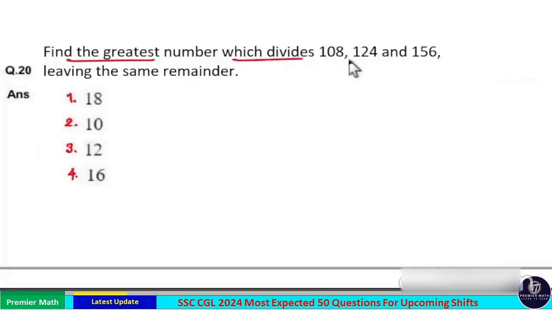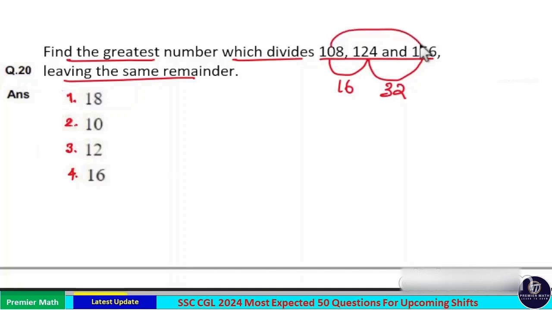Find the greatest number which divides 108, 124 and 156, leaving the same remainder. Here, take the difference between the given numbers. 108 and 124 difference is 16. And 124 and 156 difference is 32.